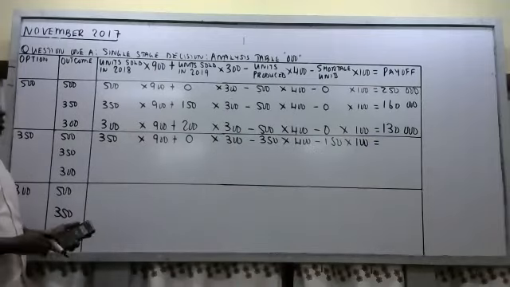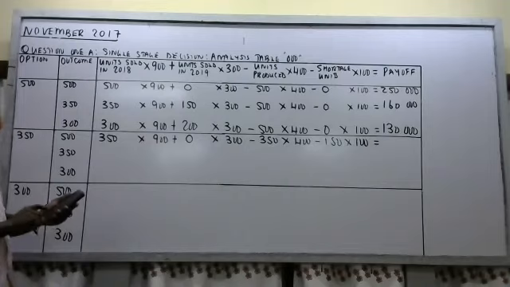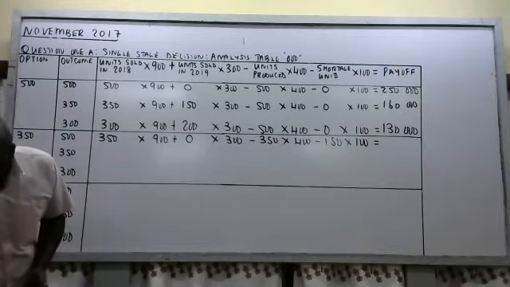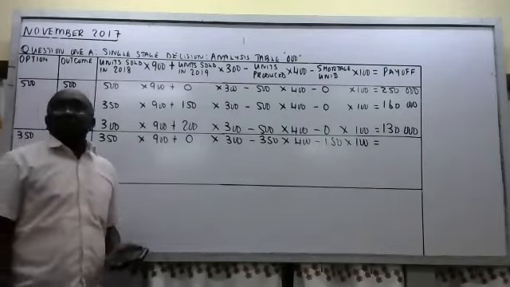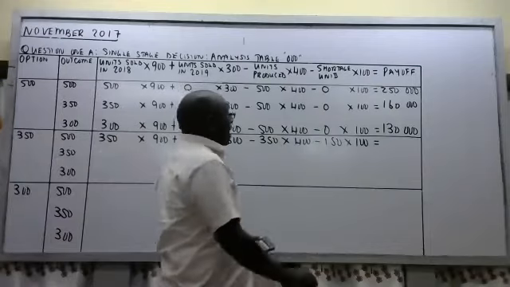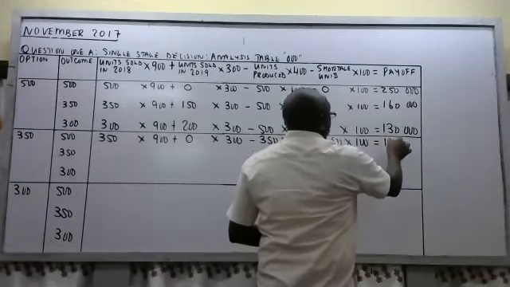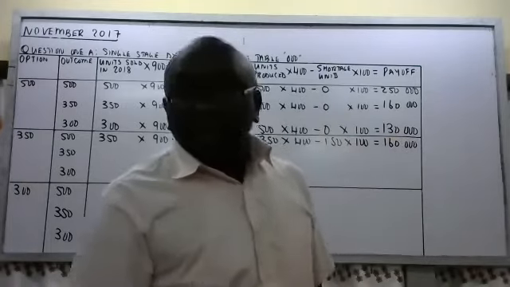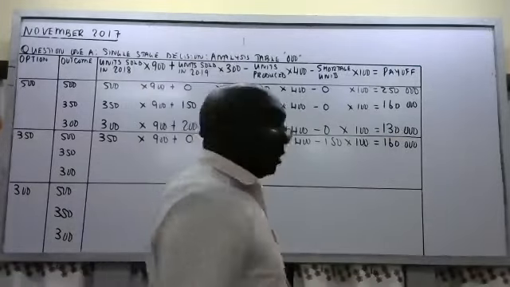So 350 times 900 minus 350 times 400 minus 150 times 100 is 160,000.